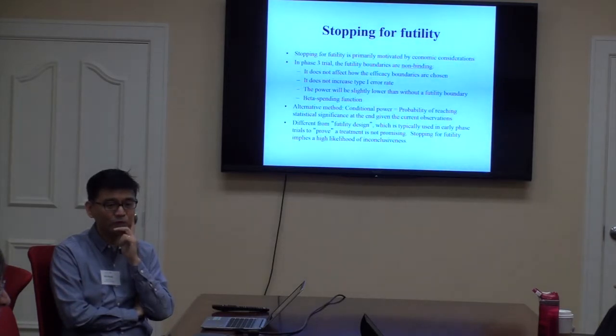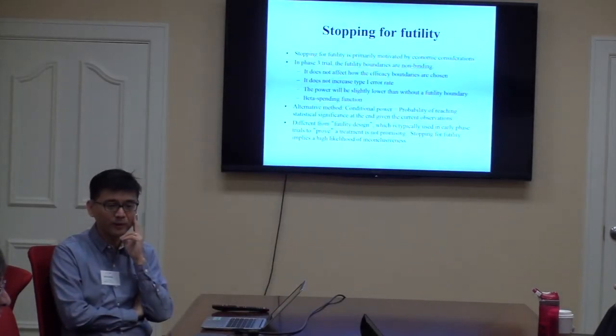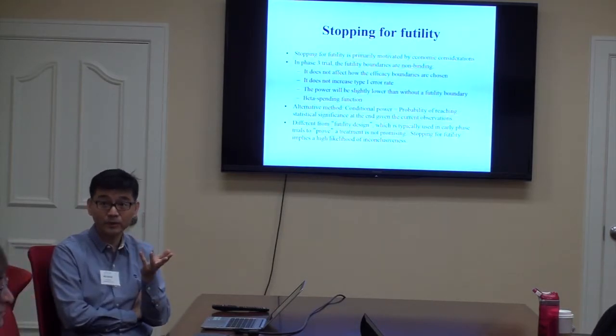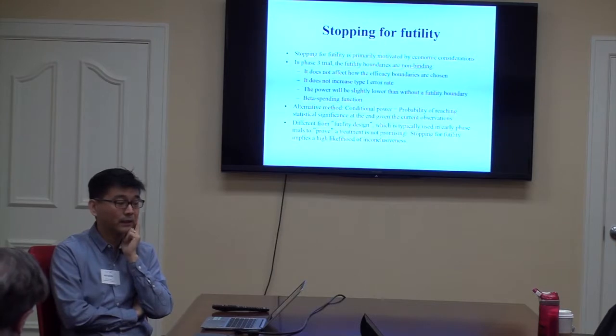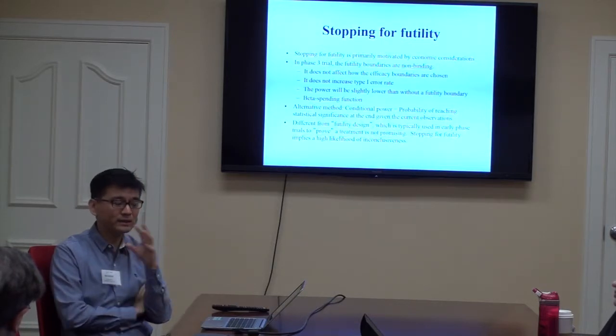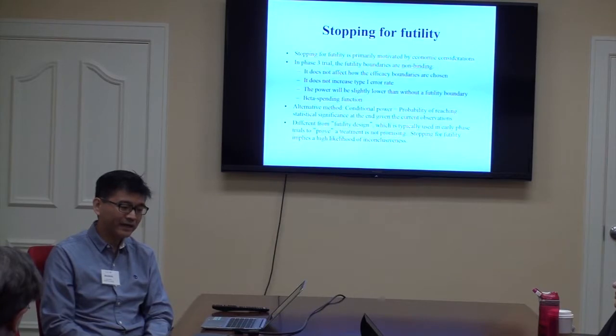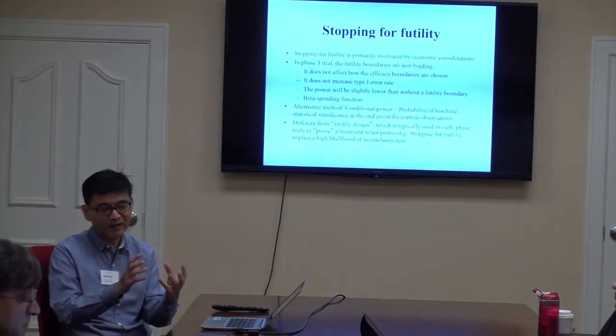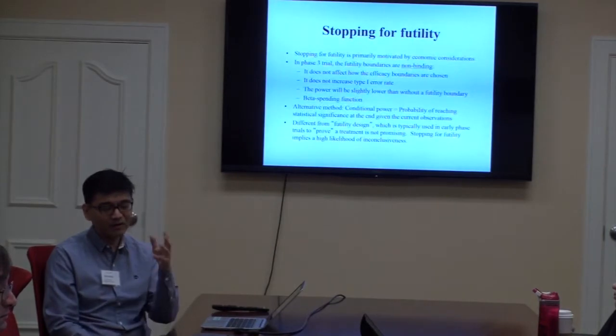And I try to be loose on stopping for futility, because I think there is also other information you want to take in, like secondary endpoints. You may not win on the primary endpoint, but there may be some indication that warrants further study on the secondary endpoint. As a statistician, I like to have a primary endpoint and primary analysis so that we know we're going in to get something with certainty, with a certain accuracy or likelihood.